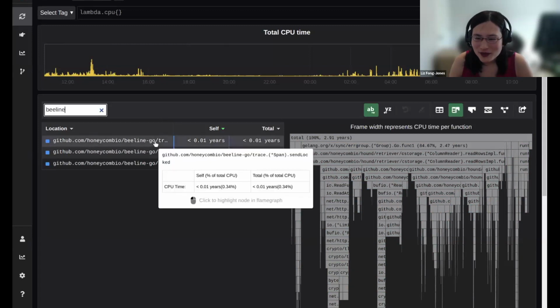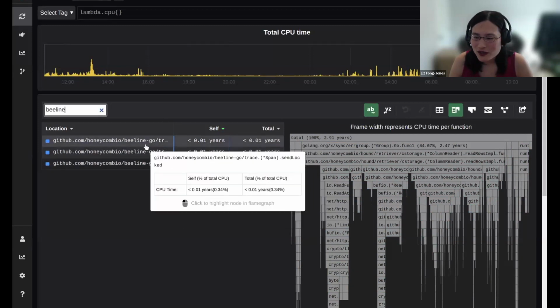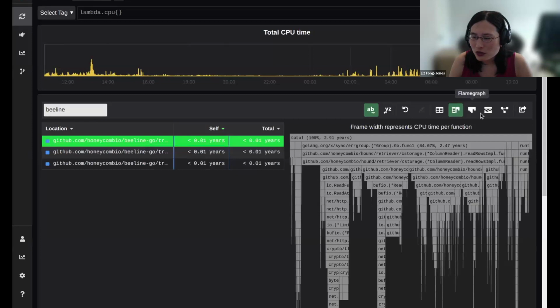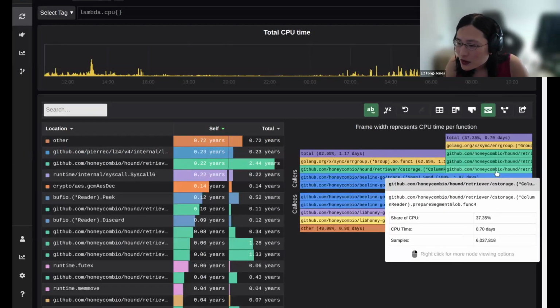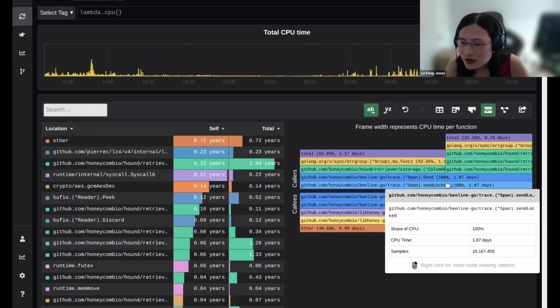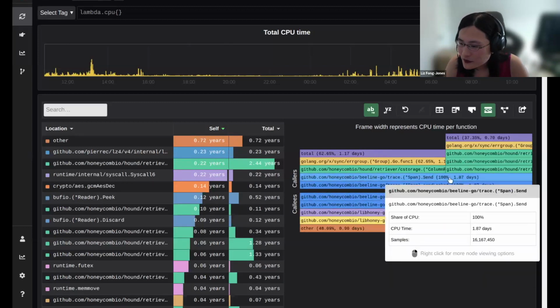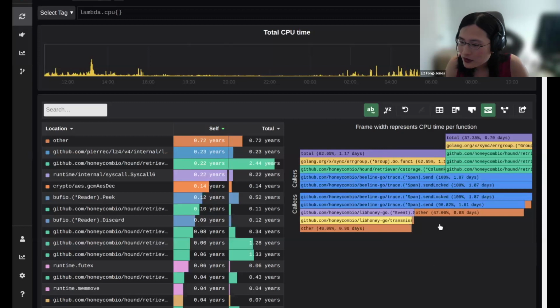Okay, there we go. This is using our older tracing library that predates OpenTelemetry, because all of Honeycomb predates OpenTelemetry. So this is an older application, not instrumented with OTel. Let's see what's calling.